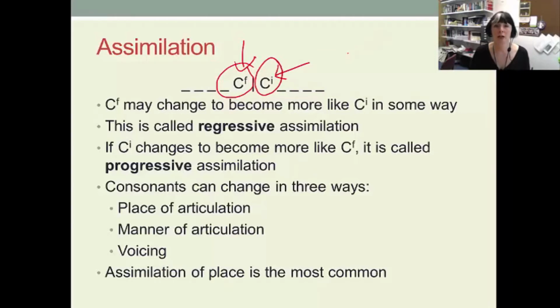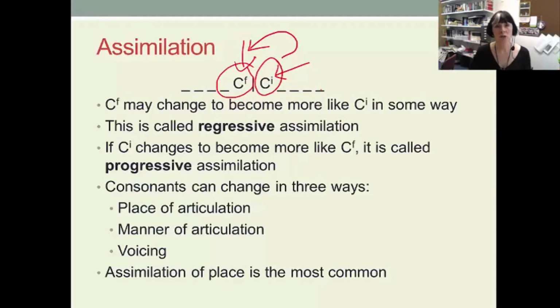This is called regressive assimilation because the initial consonant of the second word is having a backwards effect on the final consonant of the previous word. If the initial consonant changed to become more like the final consonant, it's called progressive assimilation. This is much less common in English.